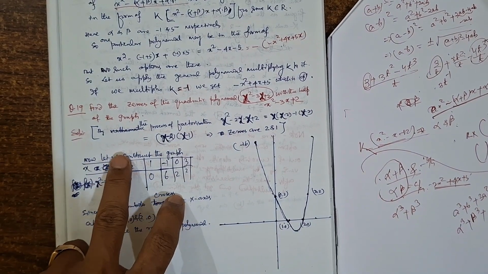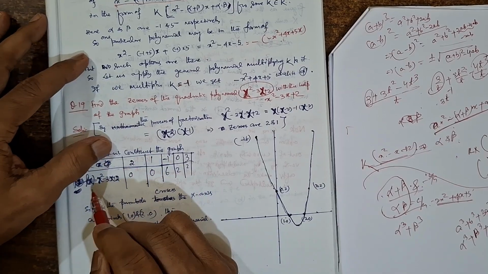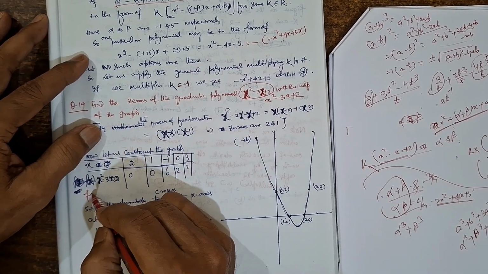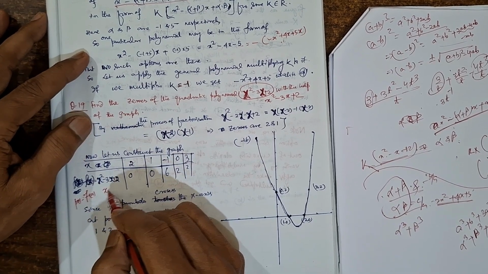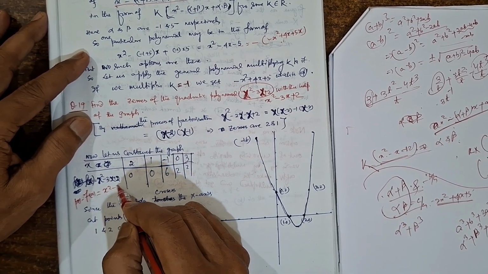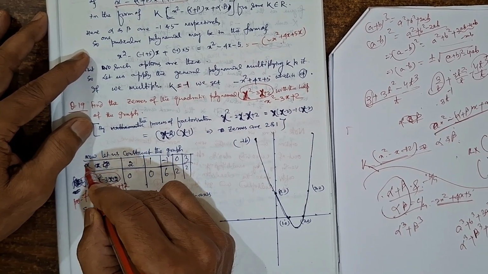Now how will you draw the graph? Here, f(x), or p(x), it may be p(x) or f(x), doesn't matter, is x square minus 3x plus 2.